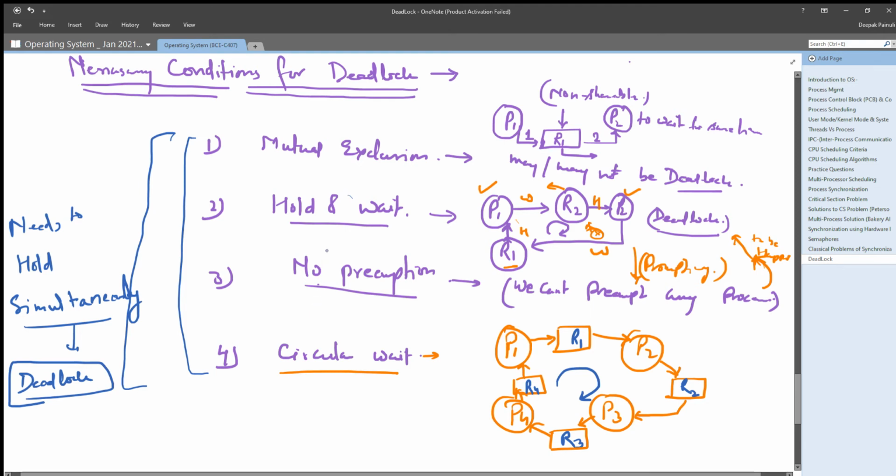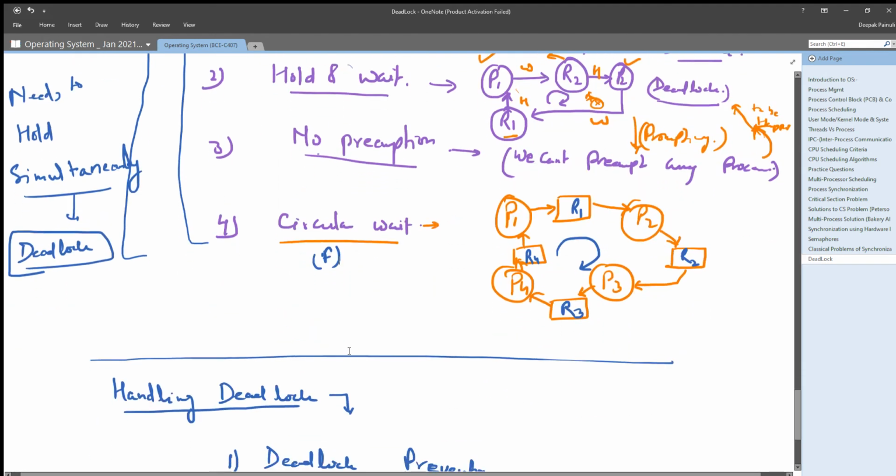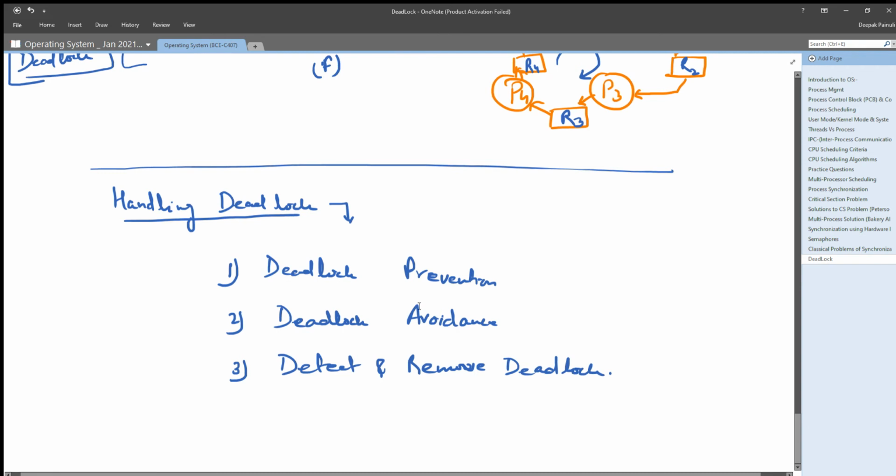So to prevent the deadlock, we can make any one of these conditions false. If we are able to do that, then we can say that deadlock could be prevented, right?